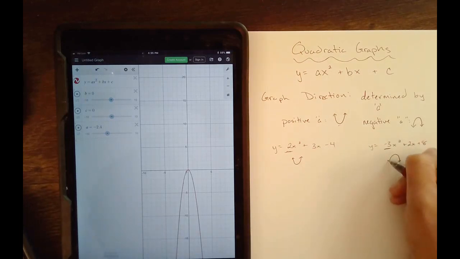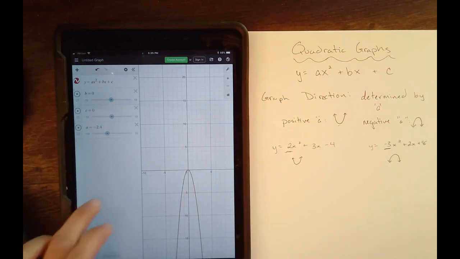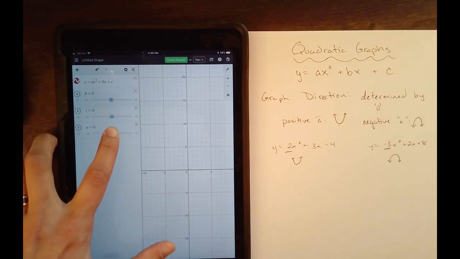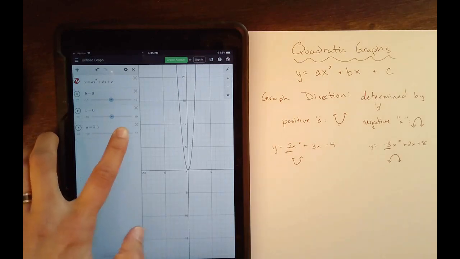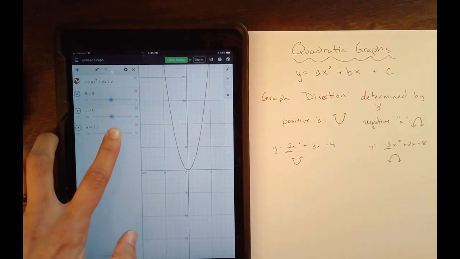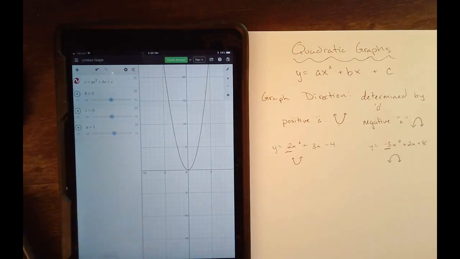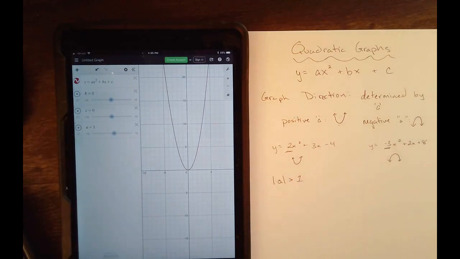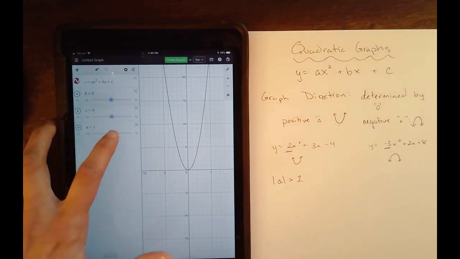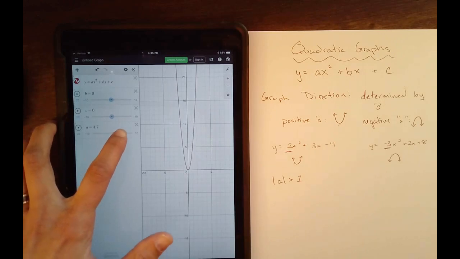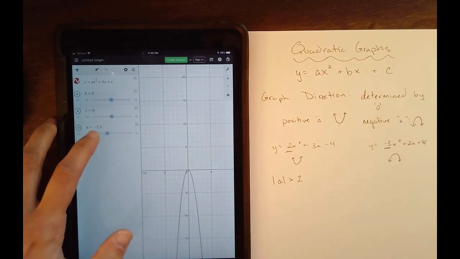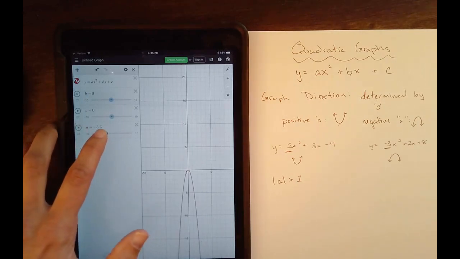The other thing we can look at is how sometimes the graph is skinnier, or it might get wider, compared to our normal parent function at 1. Now, if the absolute value of A is greater than 1, which really just means any number to the right of 1, like 6.2, or to the left of negative 1, like negative 2.5, you'll notice the bigger those absolute values get, the skinnier the graph gets.